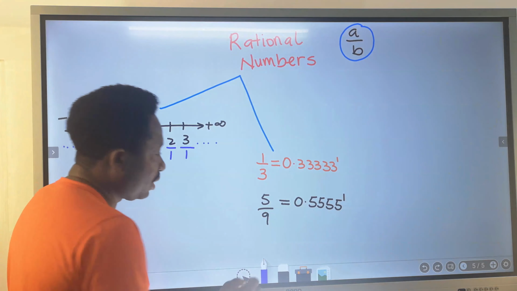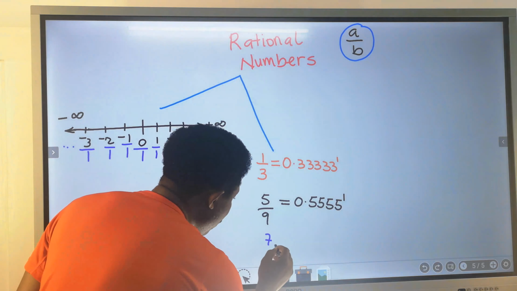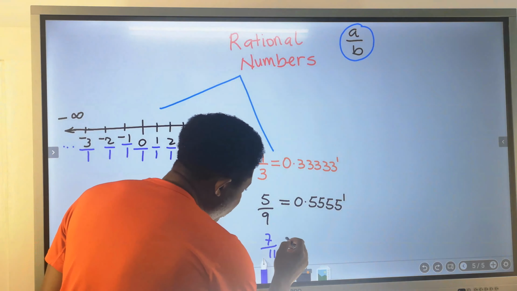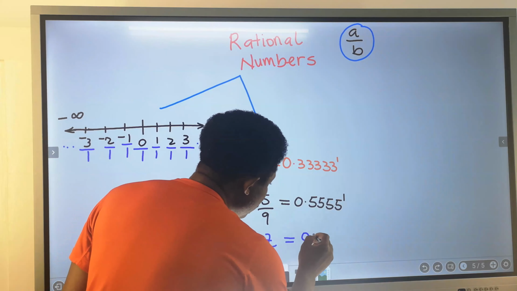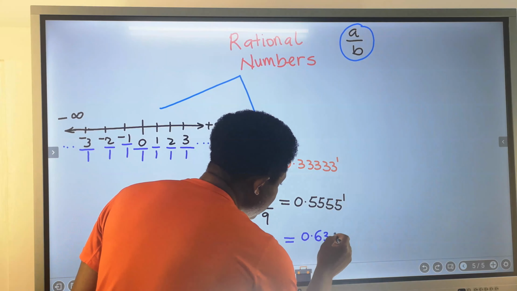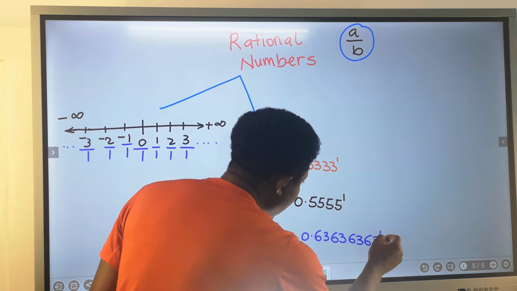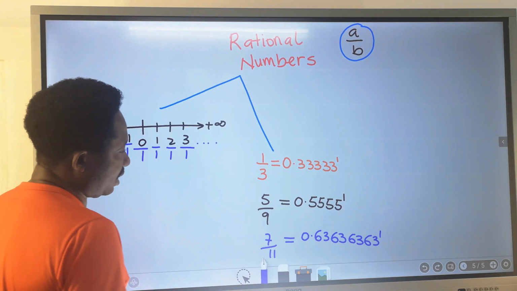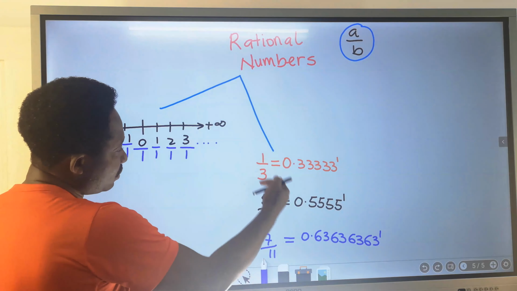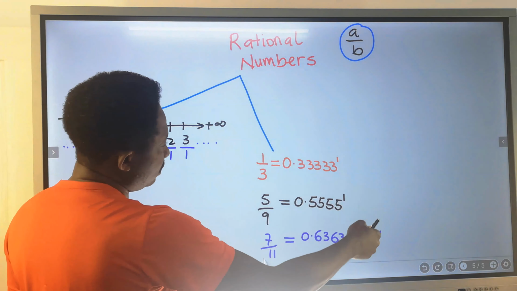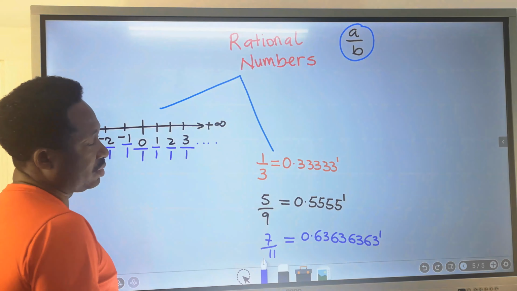Another example is 7 over 11, which will give us 0.63636363 and continues indefinitely. Any number that gives us reoccurring digits is a rational number.